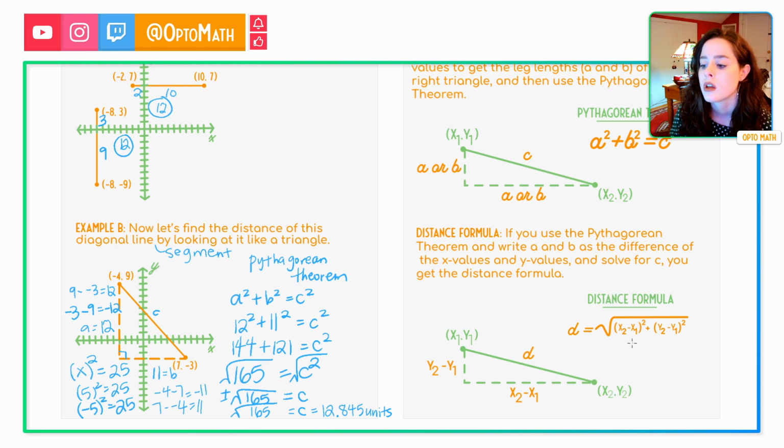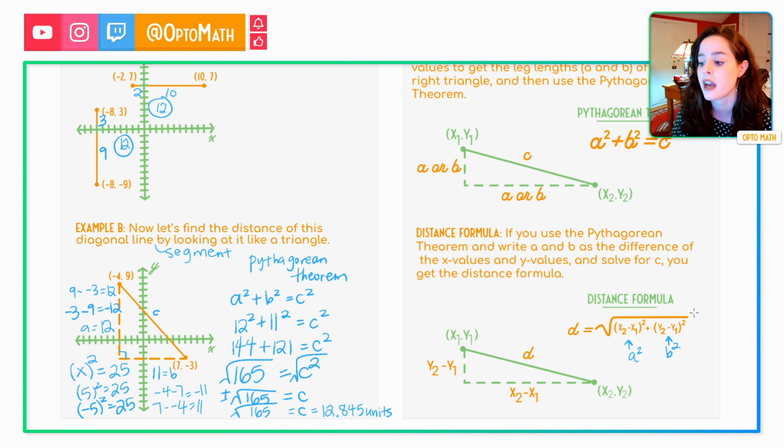Now, this x2 minus x1 is like an A. Isn't that what we did to figure out our A value? And this y2 minus y1 is like a B. And of course we're squaring it, because isn't that what we did to get our B value? We subtracted those. Now this square root, didn't we end up square rooting the A squared plus B squared side of our equation when we used the Pythagorean Theorem? Well, yeah.